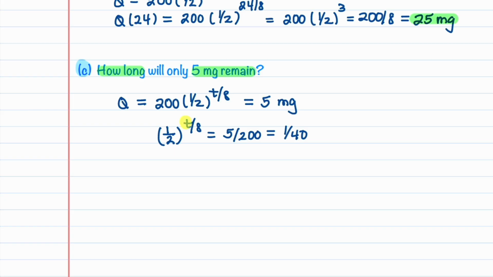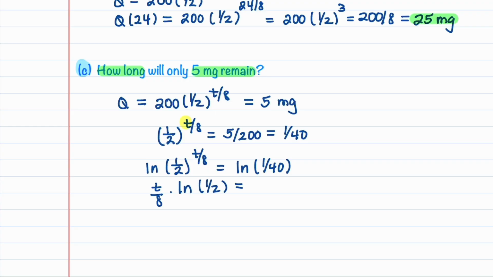Now to solve for t, we need to get t out of the exponent, so we're going to take the natural log of both sides. So we have the natural log of 1/2 to the t over 8 is the natural log of 1 over 40. We can now pull the t over 8 out in front. So we have t over 8 times natural log 1/2 is equal to natural log of 1 over 40.